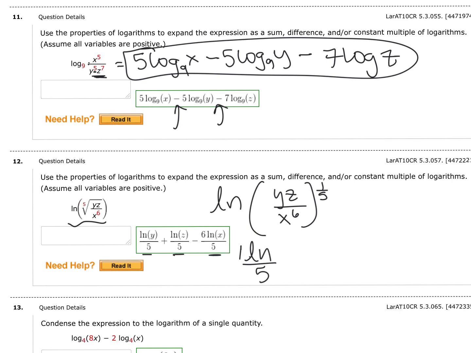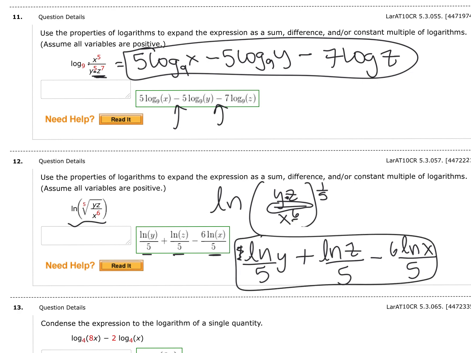And you can imagine a 1/5 here, but they're not going to draw a 1 there, right? Y, and then plus, and the reason why it's plus is because it's in the numerator, the natural log of z over 5, and then minus, because of the division, 6 times the natural log of x over 5, because that has an exponent.